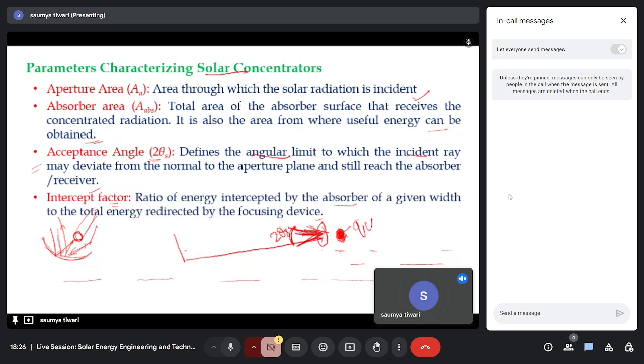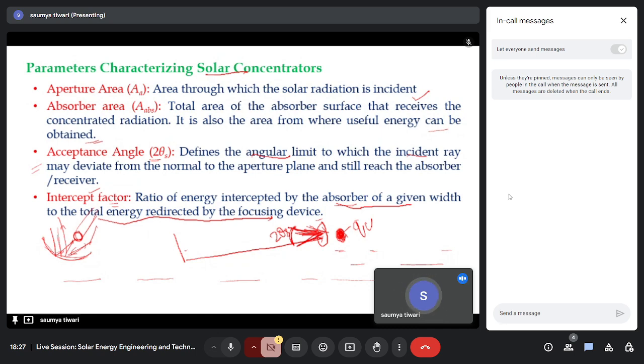Now intercept, what is intercept? Intercept is basically, after the reflection from the concentrator, the ratio of energy intercepted by the absorber of a given width to the total energy redirected by the focusing device. So all the reflected rays do not reach the absorber, only a part of it is received at the absorber.